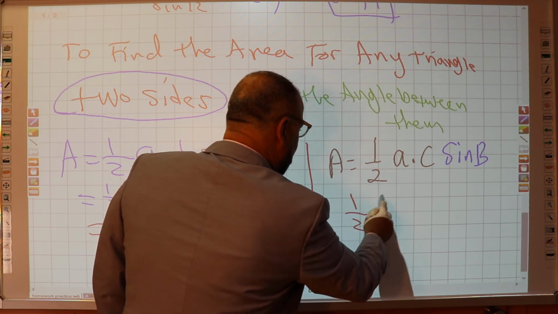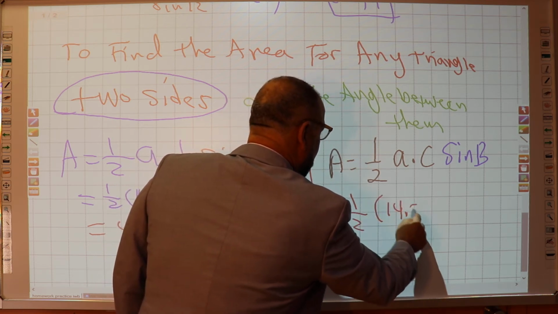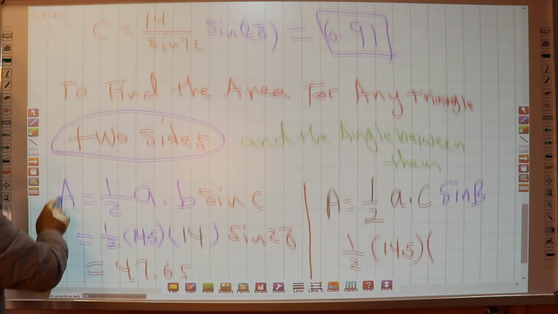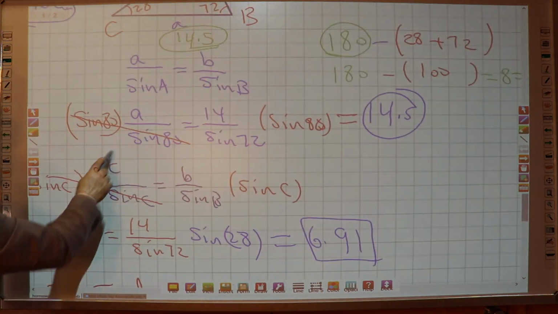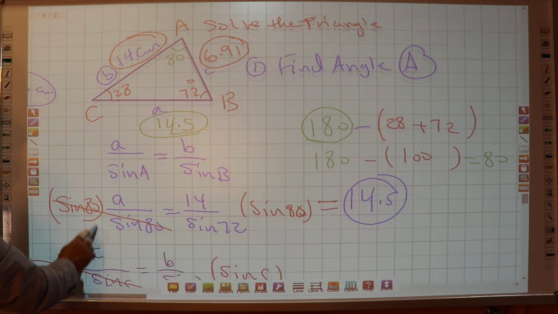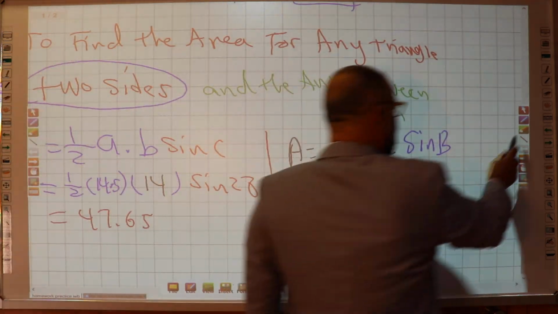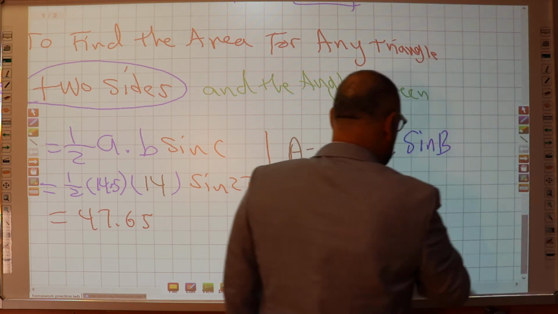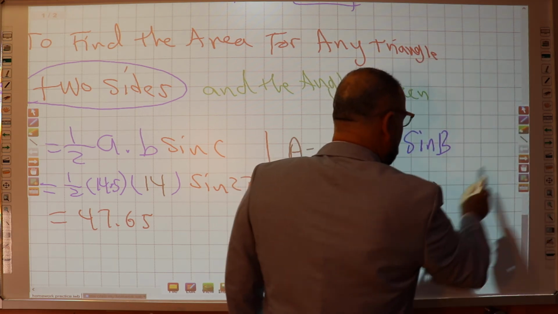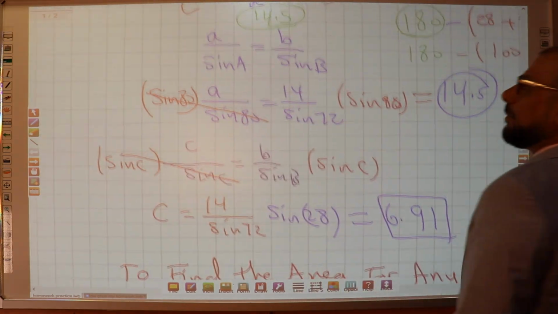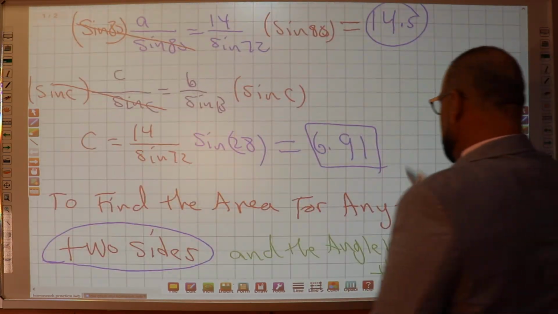Half, A is 14.5, C is 6.91, and the angle B is 72.